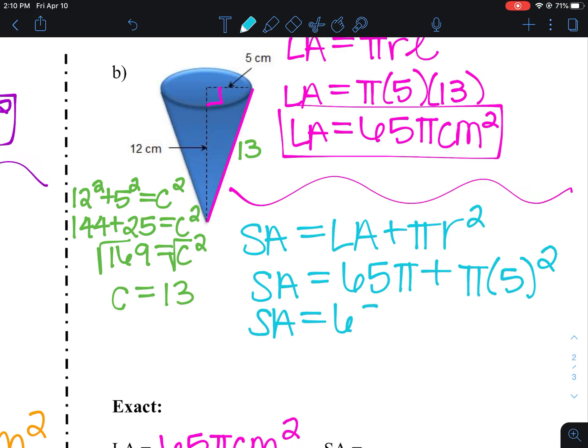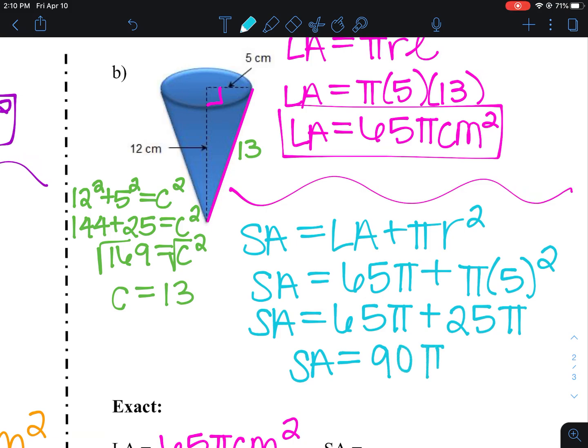So that is 65 pi plus 5 squared is 25, so 25 pi. Okay, so remember, treat those like terms. Just add those two together. So that would be 90 pi centimeters squared.